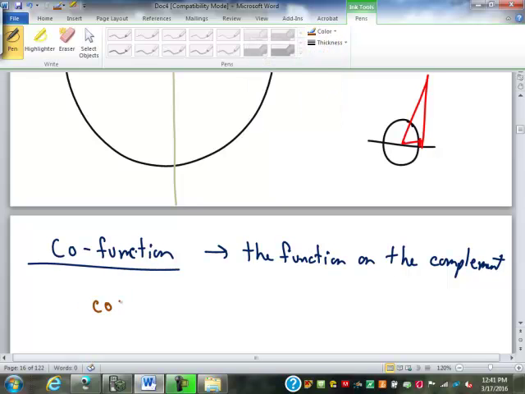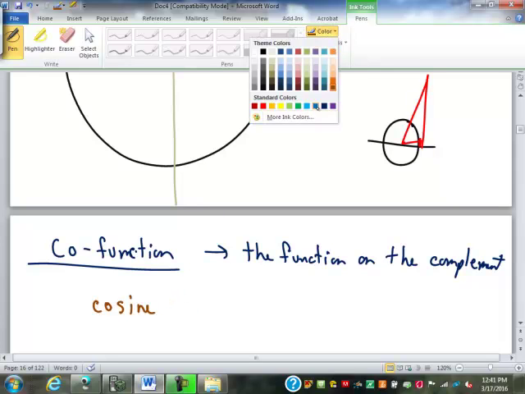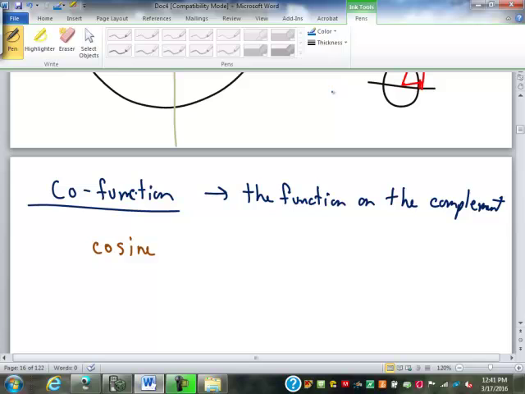So cosine is really two words put together. Co, which means complement, and our sine. So what cosine of an angle means is to find the sine of the complement.